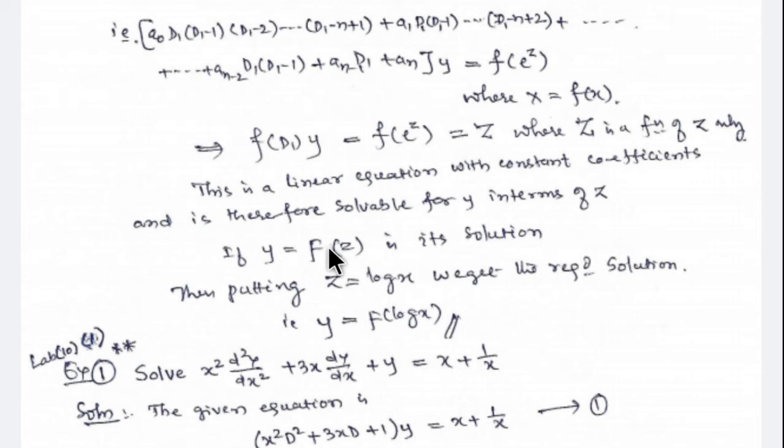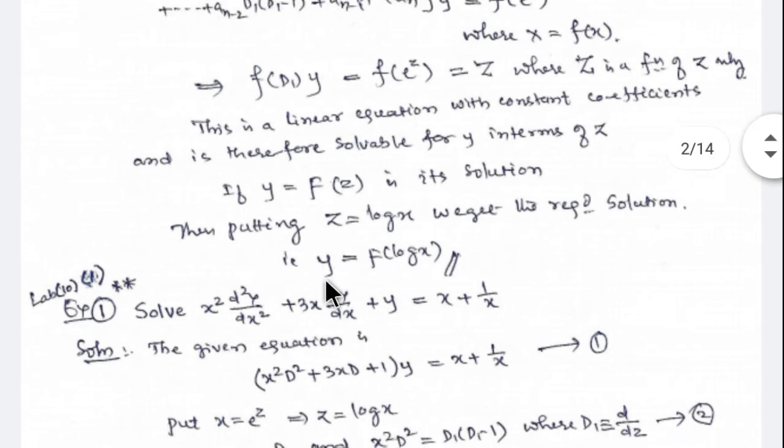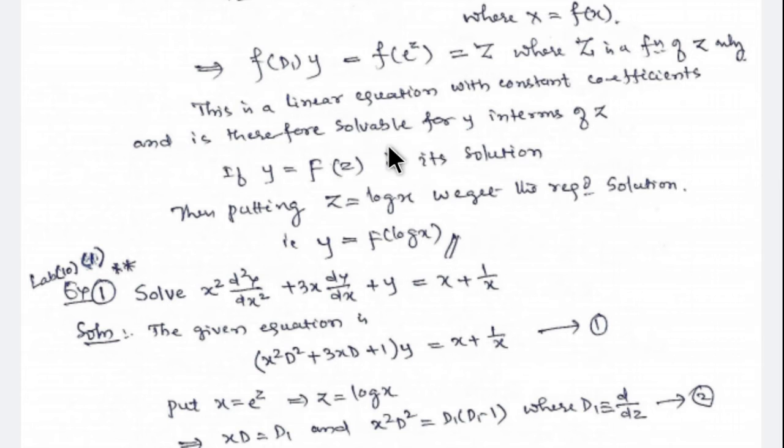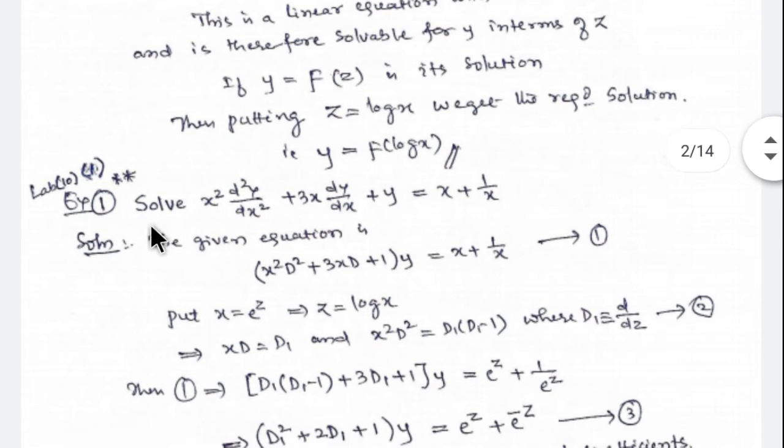So to get the complete solution of the given equation, put z equal to log x, that is z is replaced by log x, and we get the required solution of the given equation, that is y is equal to f of log x.